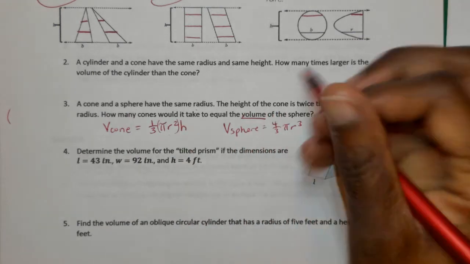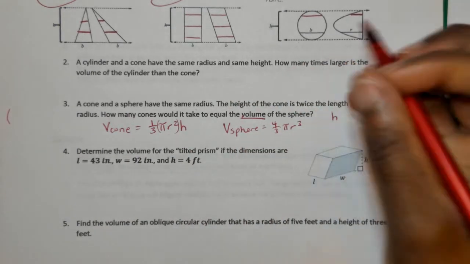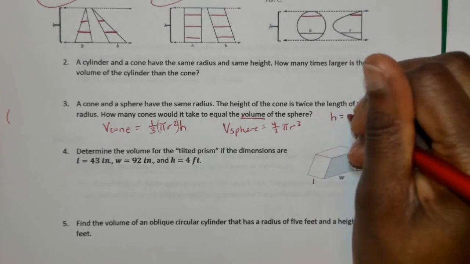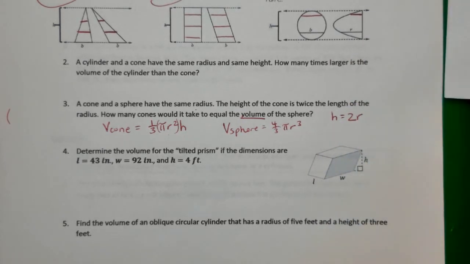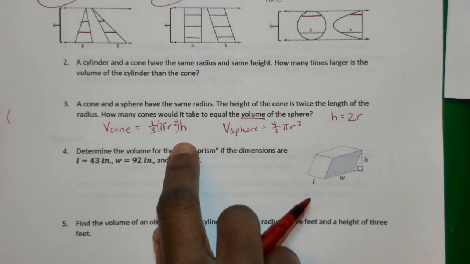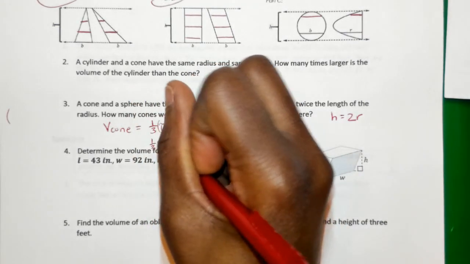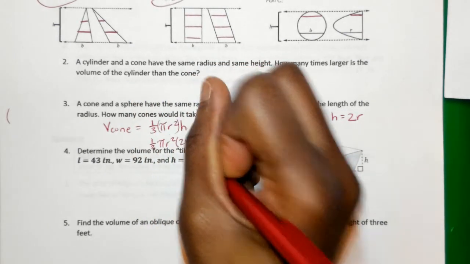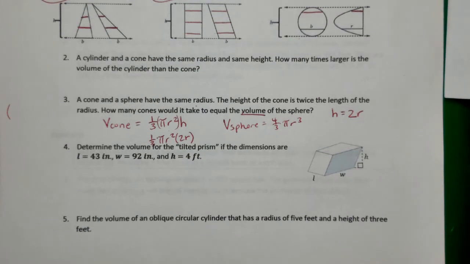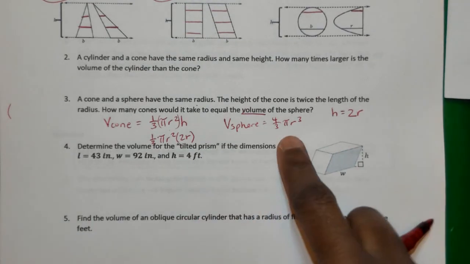So we can write an expression for the height of the cone. Height is h in math, is the equal sign, twice the length of the radius. So h equals 2r. So in this formula for cone, we're going to substitute in 2r for the h. And the sphere formula stays the same because it only has radius in it.